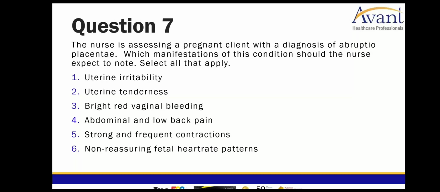Answers: 1 is uterine irritability. 2 is uterine tenderness. 3, bright red vaginal bleeding. 4, abdominal and low back pain. 5, strong and frequent contractions. And 6, non-reassuring fetal heart rate patterns. Once again, pause the video, use your 6 steps, and look at each answer individually. I'll see you back.